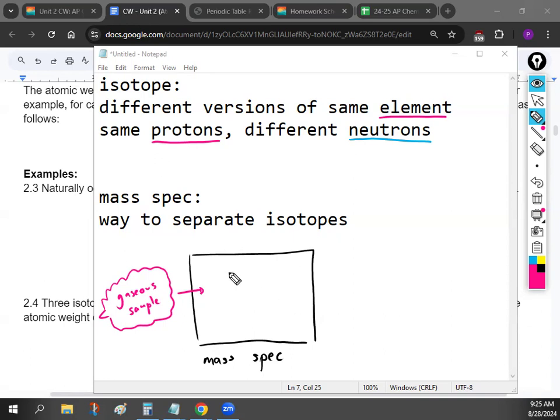Let's say that we are working with carbon. What it's going to do is separate the carbon 12s from the carbon 13s, from the carbon 14s, et cetera, and it's going to spit them out and tell you what the percentages are. It's going to tell you what percent of the sample was carbon 12, what percentage is carbon 13, what percentage is carbon 14, and so on and so forth.